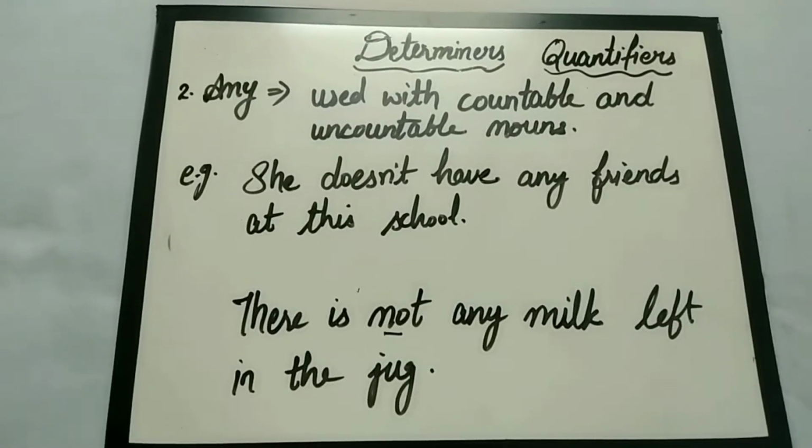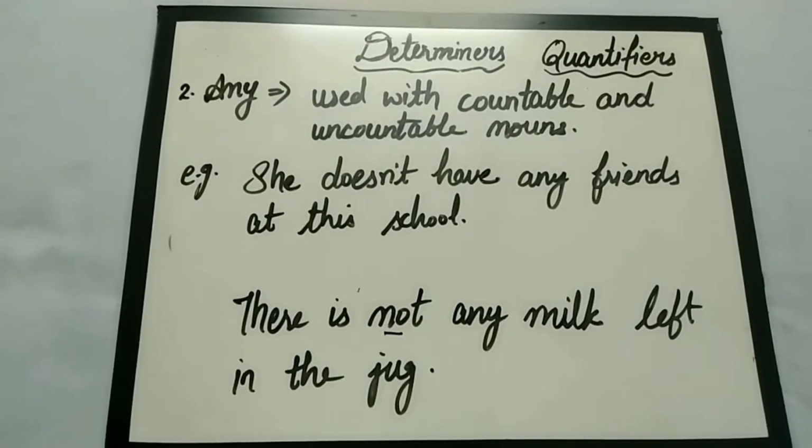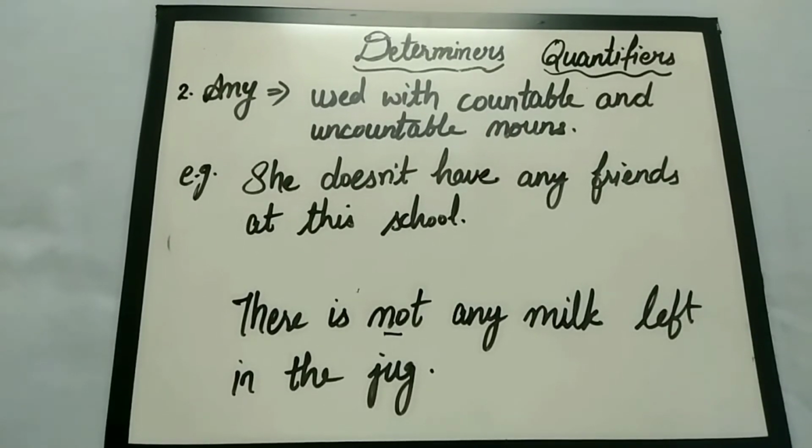In the first sentence, she does not have any friends at this school. This is a negative statement, meaning she does not have any friends, and the word friend is a countable noun. So it fulfills the rule. In the second example, we have there isn't any milk left in the jug.